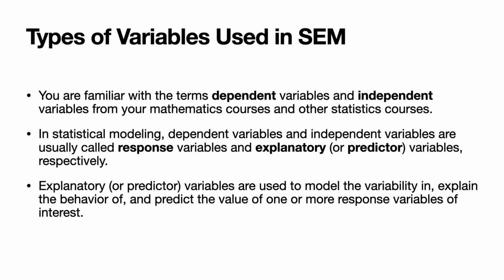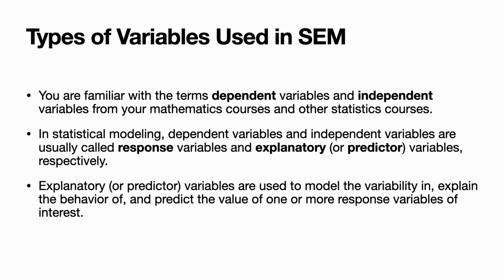Now let's talk more about the types of variables used in structural equation modeling. You are undoubtedly familiar with the terms dependent variables and independent variables from your mathematics courses and perhaps other statistics courses as well.